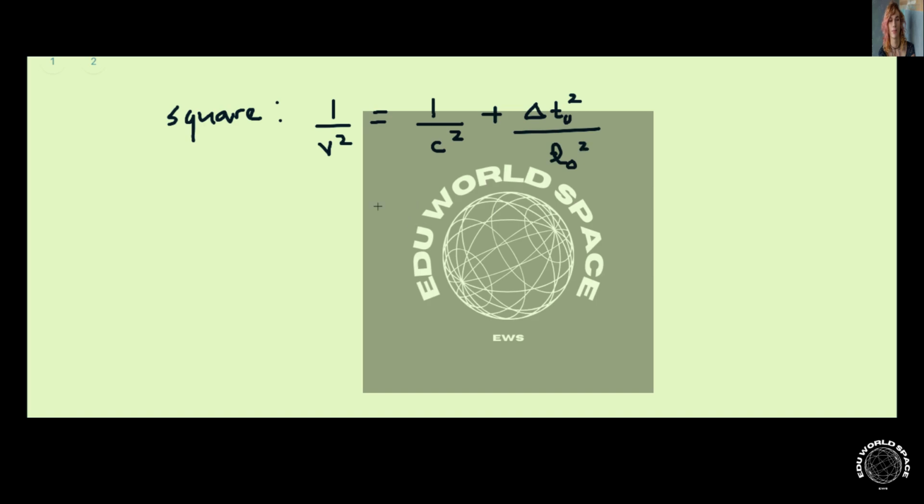And so you can rearrange some terms to give you v squared equals c squared L naught squared over L naught squared plus c squared times delta T naught squared. Right.